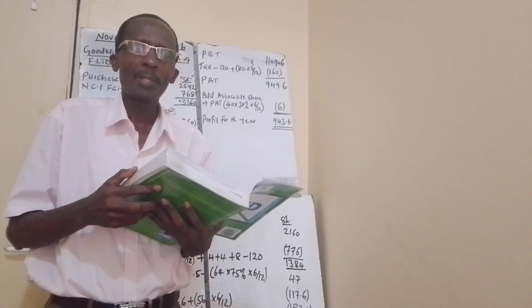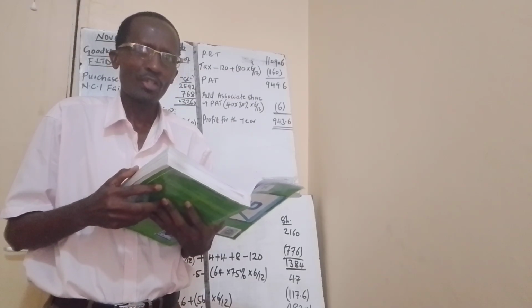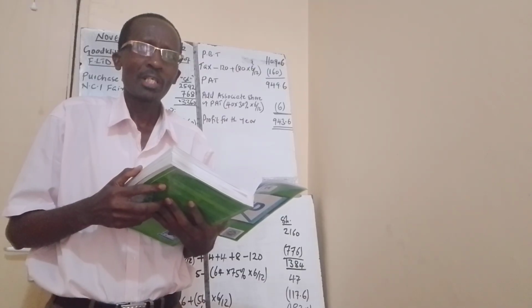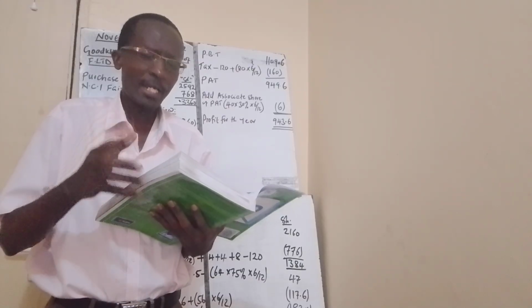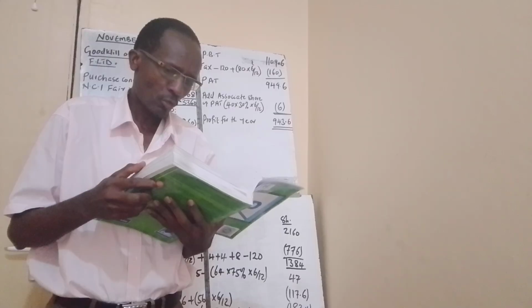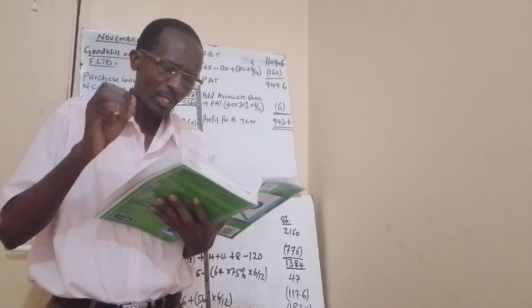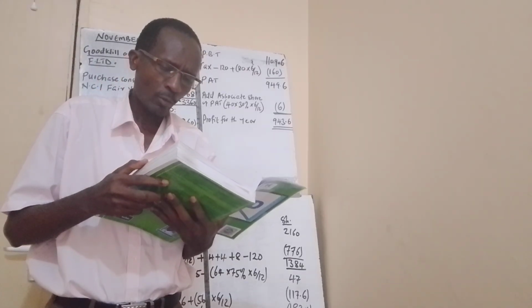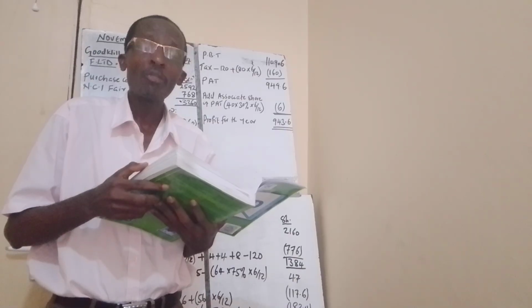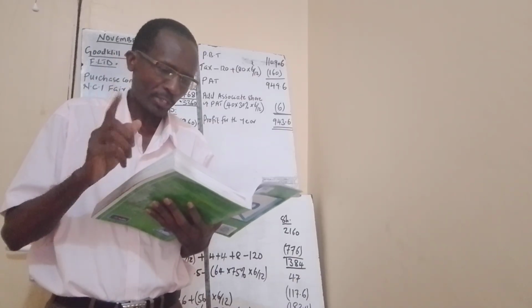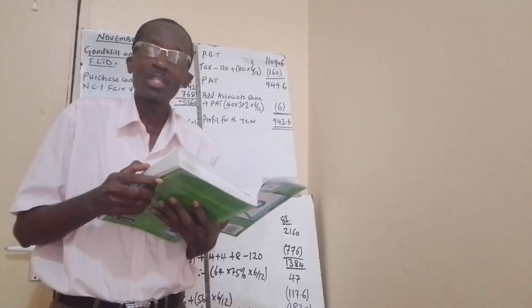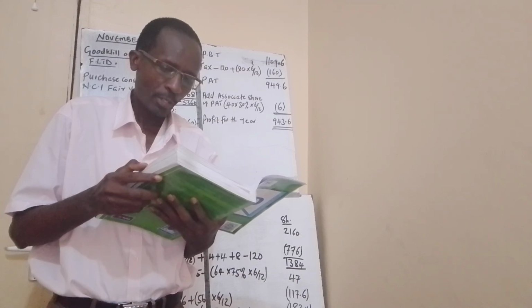We are paying in terms of share exchange. So our purchase consideration will be based on the share exchange, since we are being told that this was through a share exchange of 3 shares in H Limited for every 5 shares in F Limited.